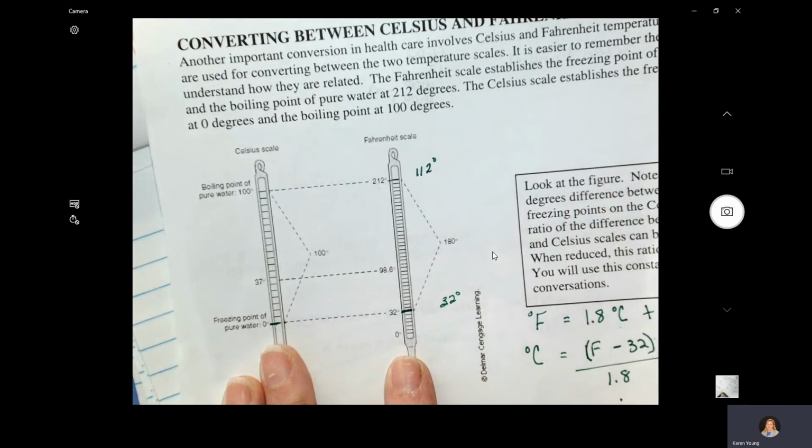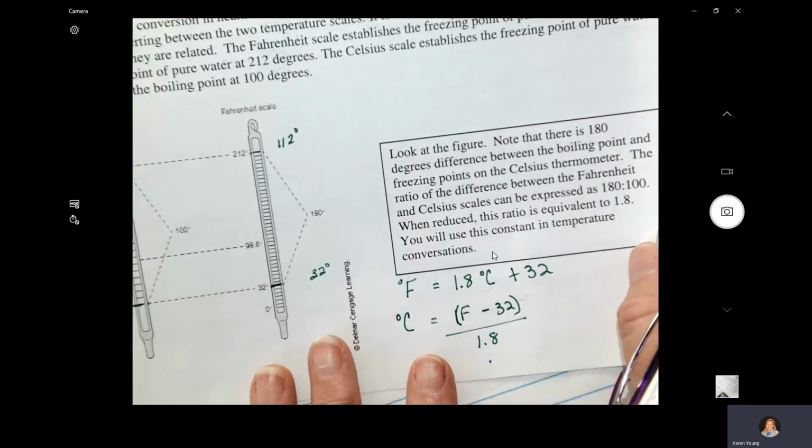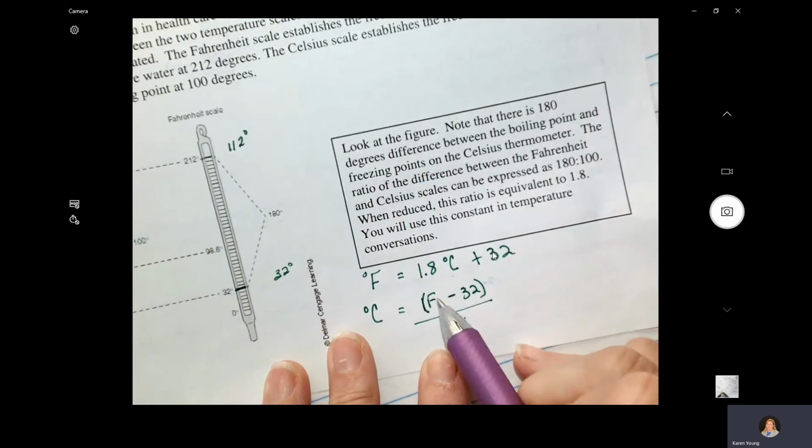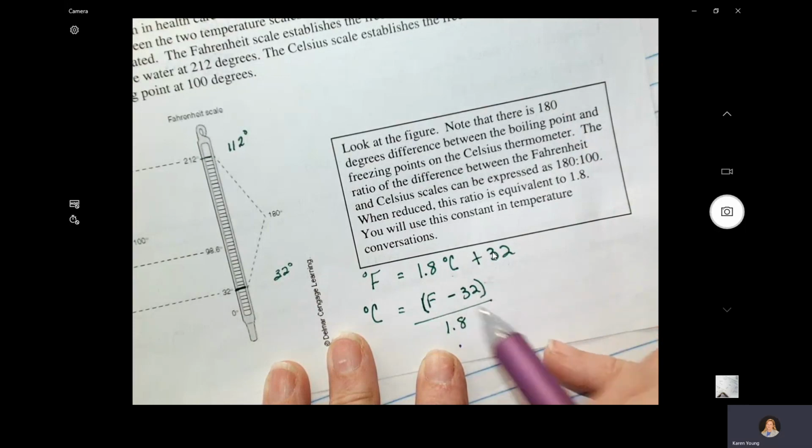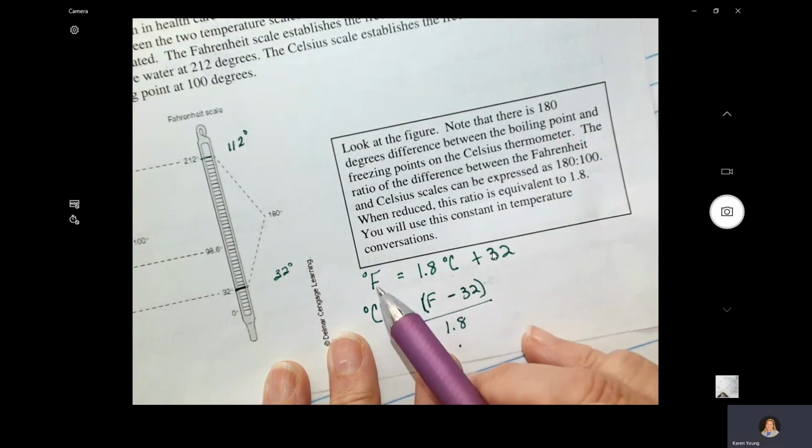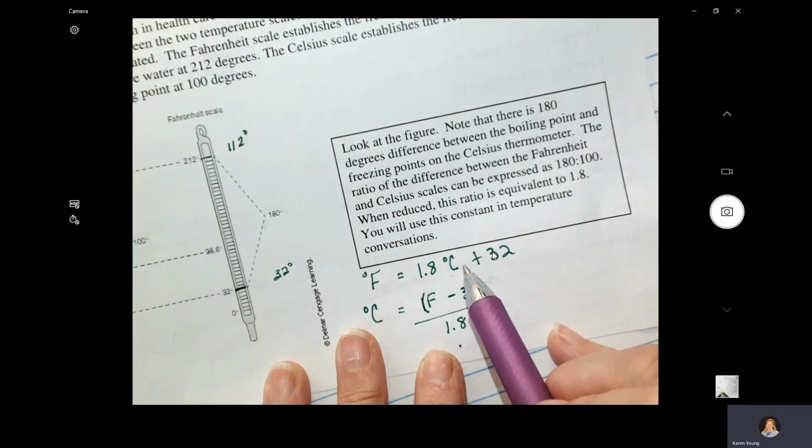Here are my formulas. They're the same formulas that we use in physical science, but instead of trying to remember where I use 9/5 and where I use 5/9, I use 1.8. And these are just, for some reason, easier to remember. If I'm looking for my degrees Fahrenheit, it means I know my degrees Celsius.